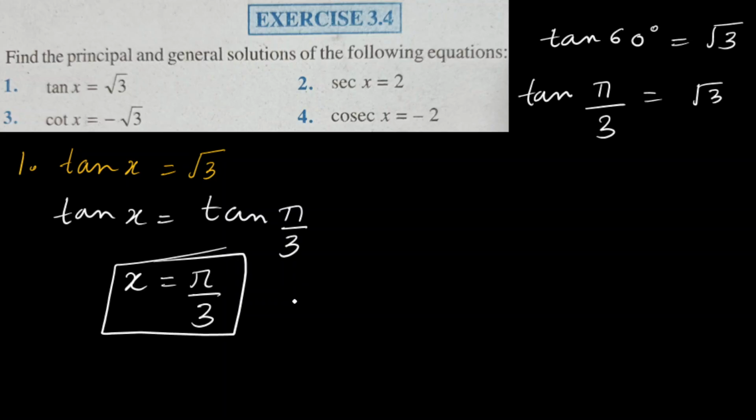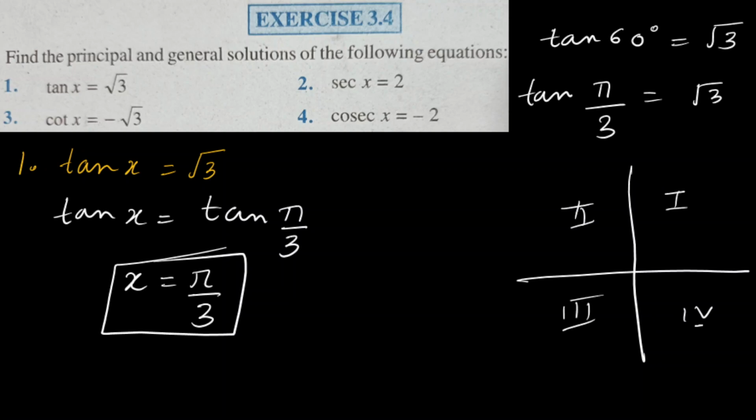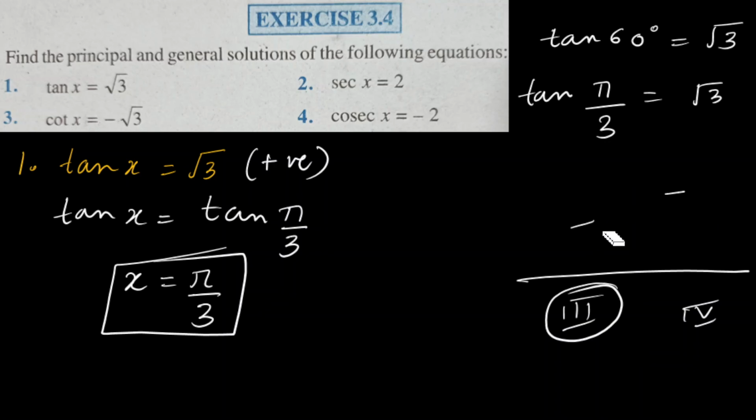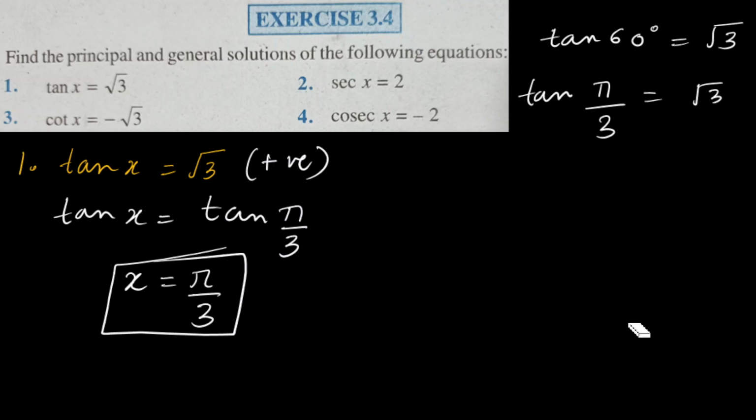Now you have to remember, as I told you, this is the first quadrant, second quadrant, third quadrant and fourth quadrant. Tan is also positive in the third quadrant. For root 3, I can also write it the other way, which we learnt in the previous exercises.